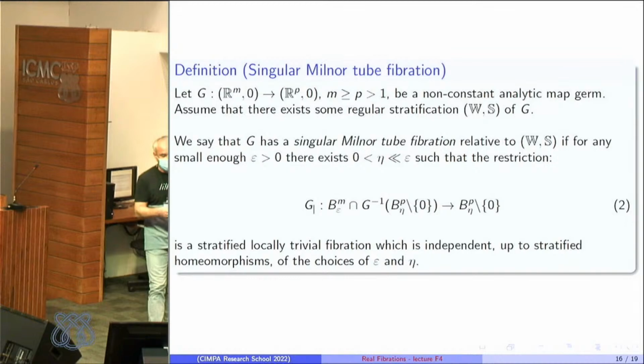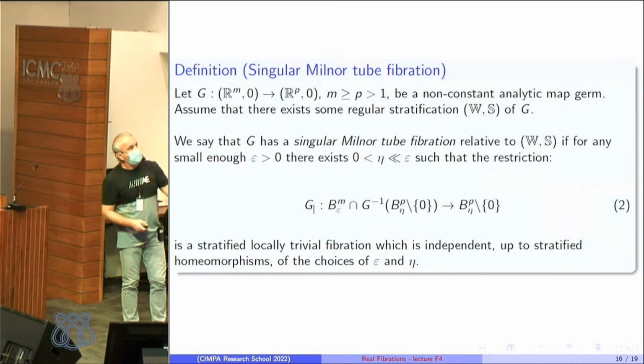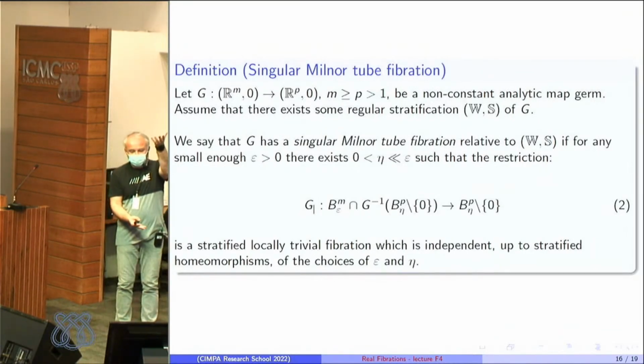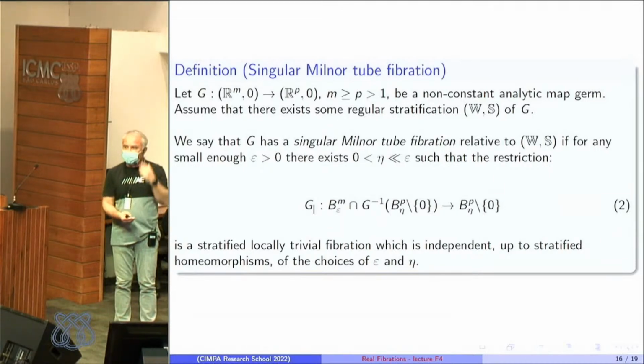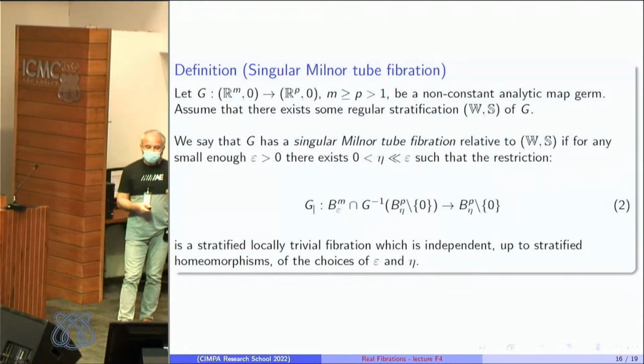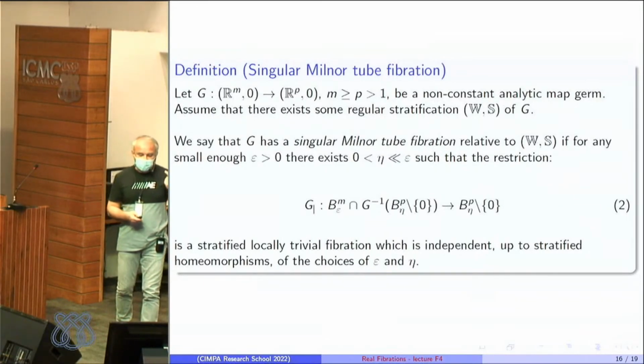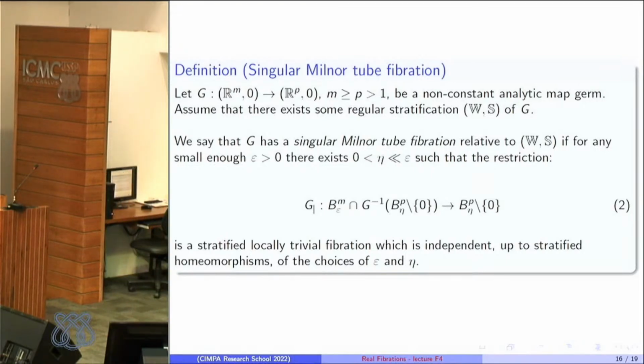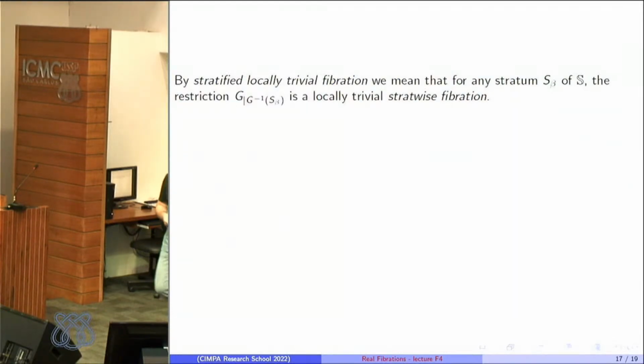Once you have epsilon, then you choose eta very small, such that when you take the restriction of G to the preimage of the small ball and you intersect it with the ball upstairs, what you get is a locally trivial fibration, but it's a stratified one. It's a stratified locally trivial fibration, and it's independent of the choices that you made, epsilon and eta, provided that eta is small.